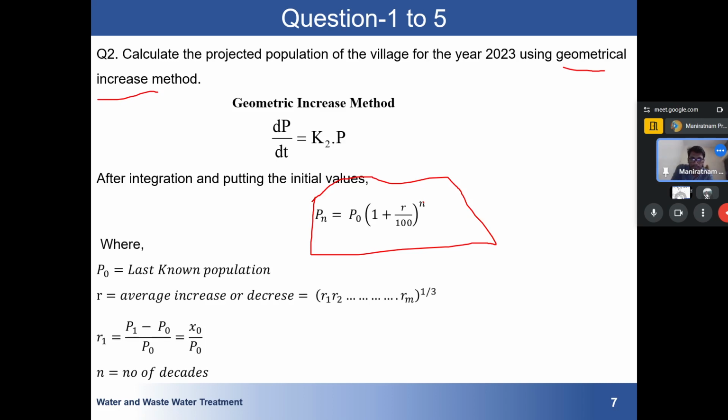So P naught is known as the last known population. R is the average increase or decrease. In the arithmetic method we took the average, but here, as it is the geometric method, we will be taking the geometrical mean.